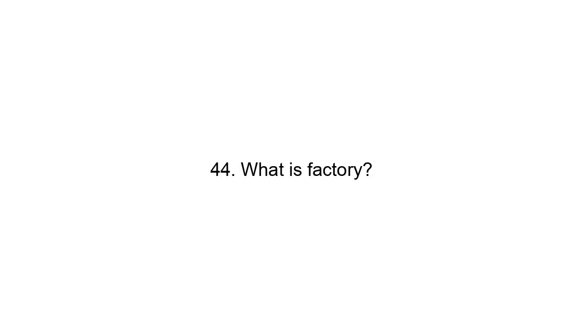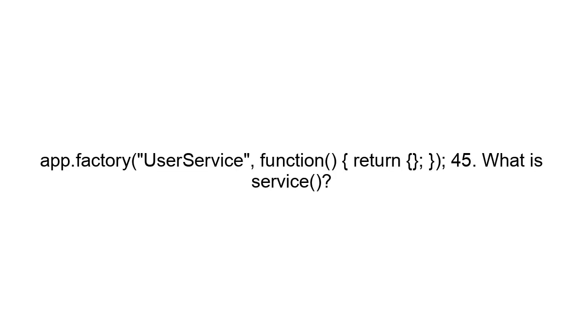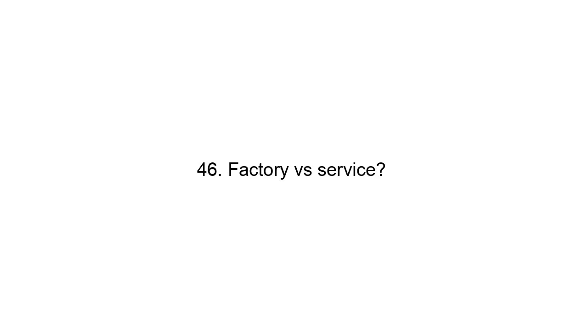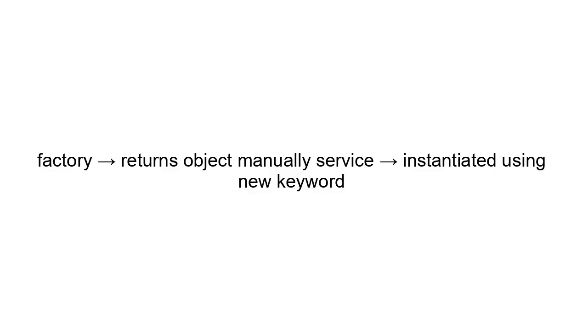Providing dependencies automatically. 44. What is factory? Function returning service object. Example: app.factory('userService', function() { return ... }). 45. What is service? Constructor-based service creation. 46. Factory versus service. Factory returns object manually. Service is instantiated using new keyword.